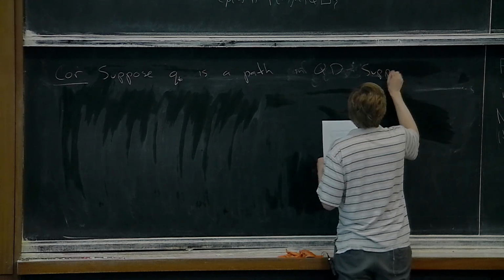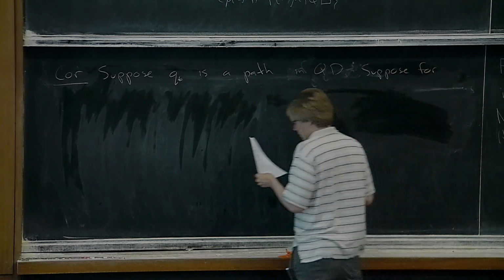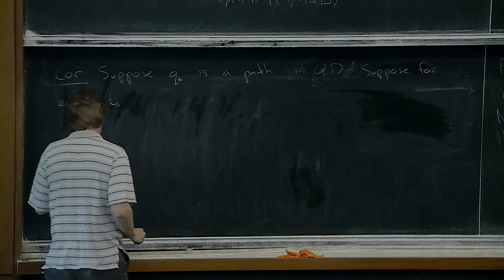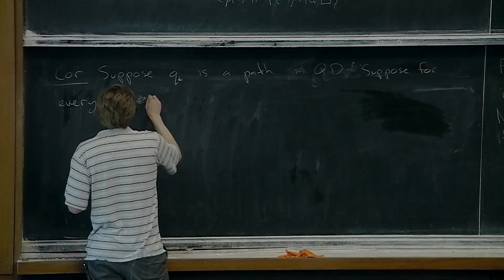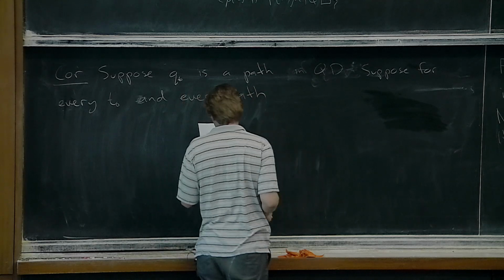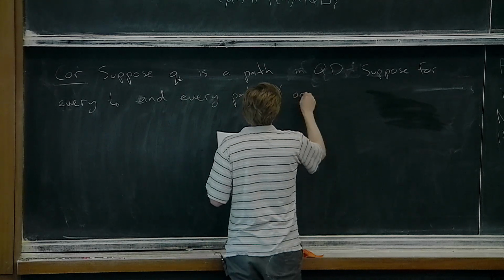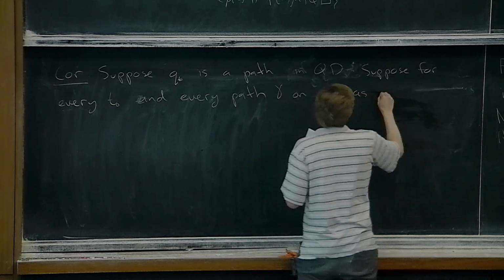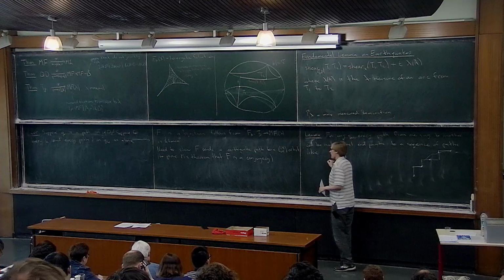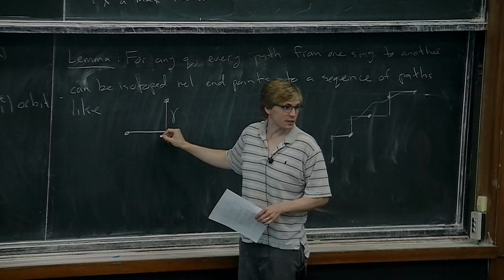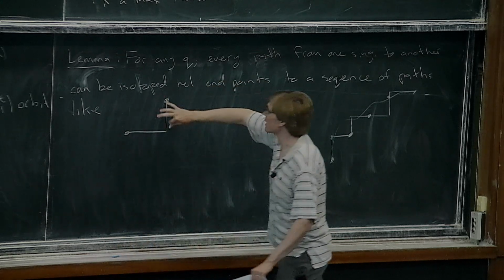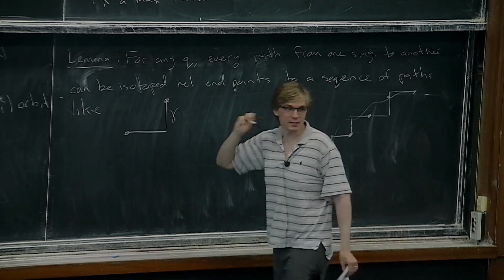And suppose for every t_0 and every path gamma on q_{t_0} as above. So by as above, I mean like this. It's a path that starts at a singularity, goes horizontally, makes a right turn, goes vertically, and arrives at another singularity. And we already have in mind from this lemma that somehow this is enough to capture all paths.